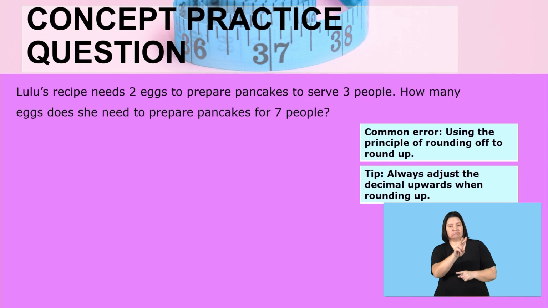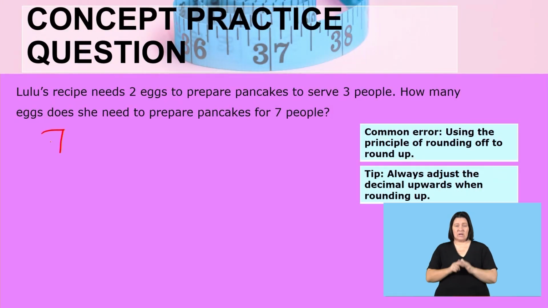So let us have a look at this example. Lulu's recipe needs 2 eggs to prepare pancakes to serve 3 people. How many eggs does she need to prepare pancakes for 7 people? So we need to do this calculation. When we calculate, remember, we have 7 people.